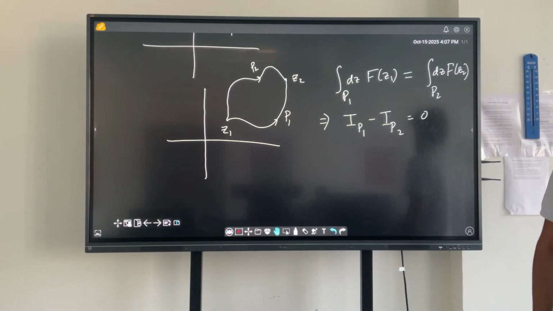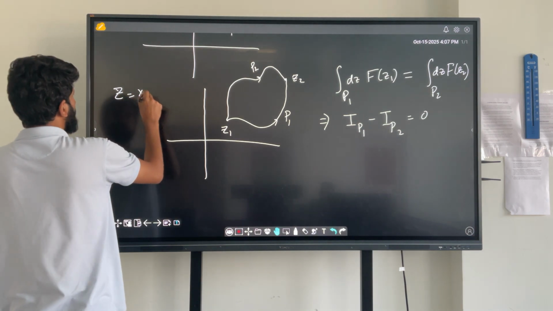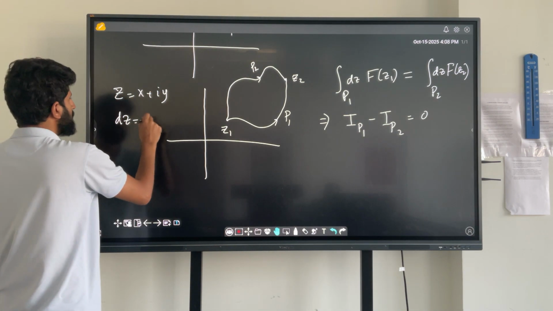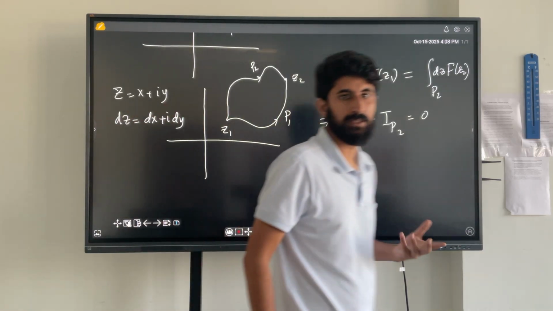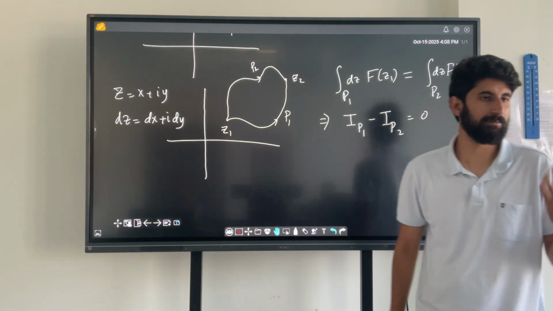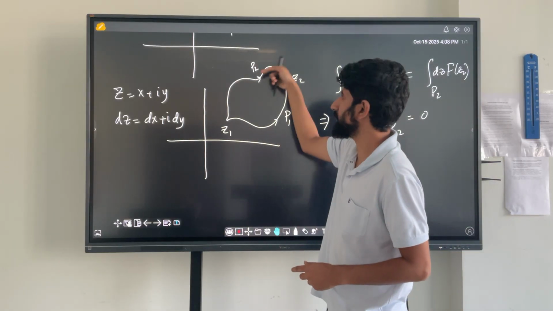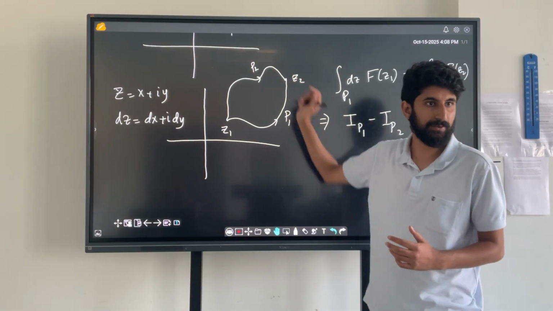You should think of dz like this: z is x plus iy, so change in z is just dx plus i dy. i is a constant, i squared is minus 1. So dz this way and dz that way are negatives of each other. That makes these integrals negatives of each other.